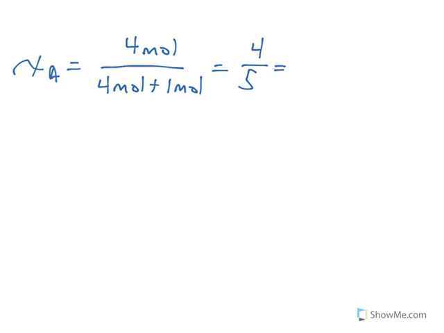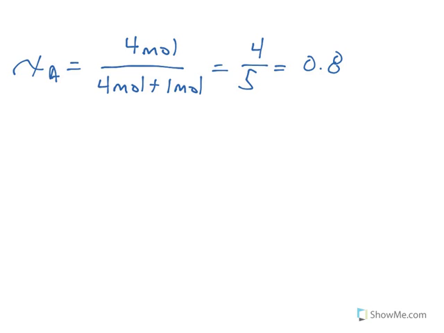All right, so chi A, again, is the moles of ethanol, which in this case was 4. We have 4 moles of ethanol, and we got 1 mole of glycerin. So this is 4 over 5, which turns out to be 0.8.